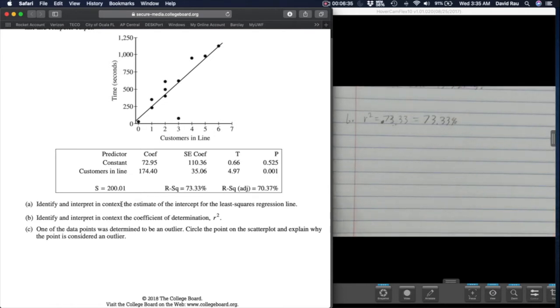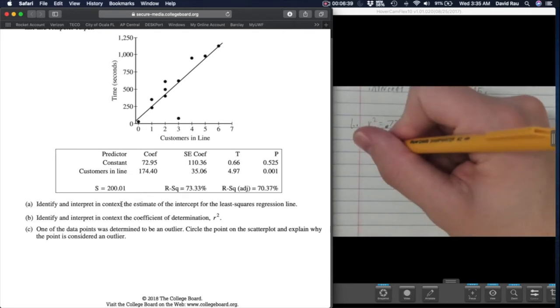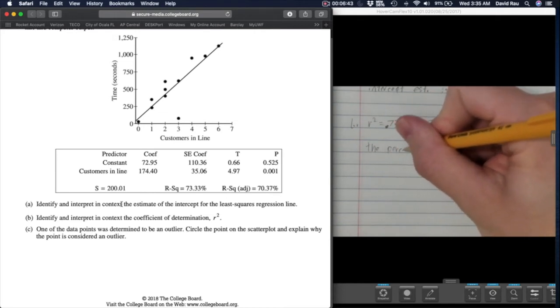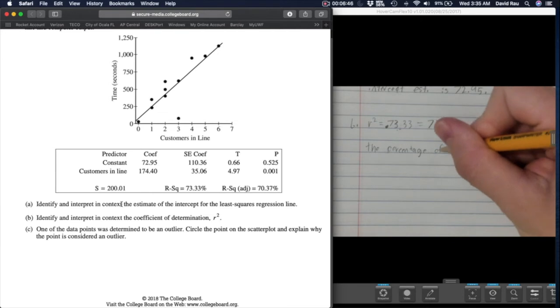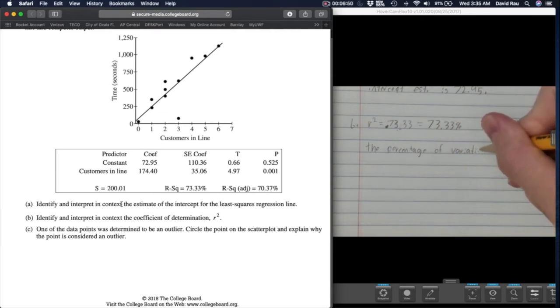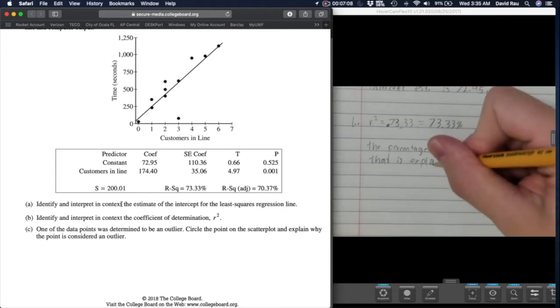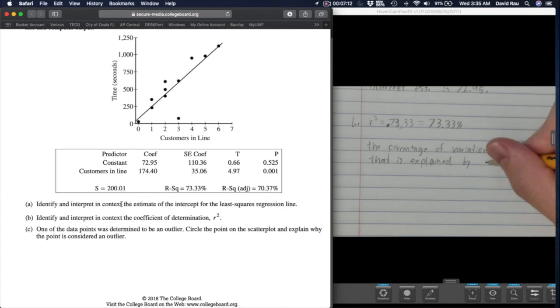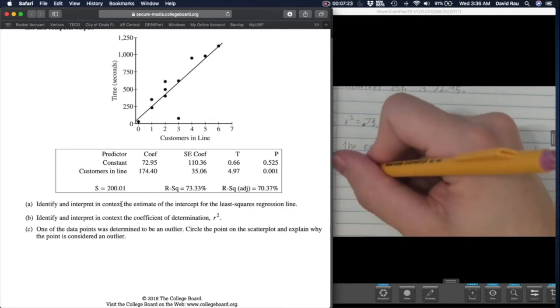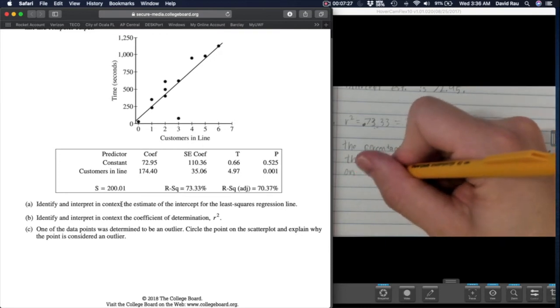Now R squared has a very particular cookie cutter sentence. R squared is the percentage of variation in the response variable, so that's in checkout time, that is explained by the regression model on customers in line.